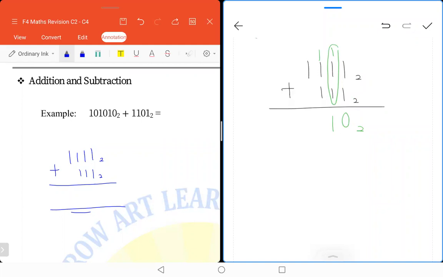So you have to add 1 at the other side, bring down the 1. Same thing here. 1 plus 1 plus 1 is 3, so it becomes 11. 1 plus 1 supposed to be 2, right? So you have to write 10 here. So the final answer is 1, 0, 1, 1, 0.